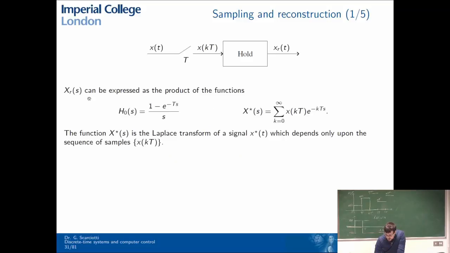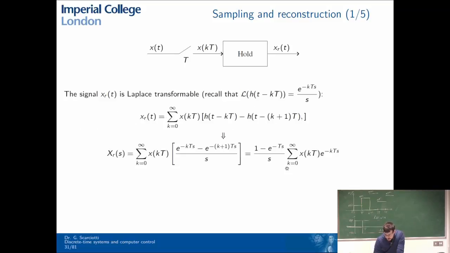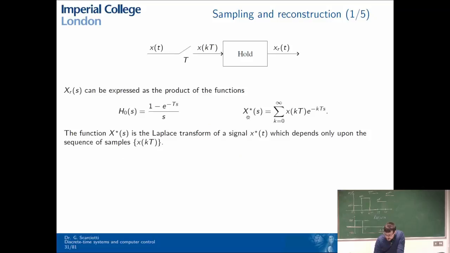So now we can write this in the following way. The Laplace transform of the reconstructed signal can be expressed as the product of two functions: h0 of s, that is given by this guy outside the sum, and then a function that we call x star of s, that is given by this expression over here.